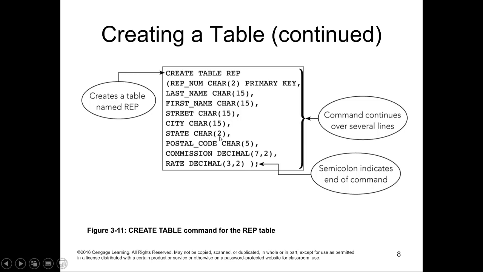State, which is char of 2 characters wide, postal code char 5 characters wide, and then a commission decimal 7, comma 2, which means it's 7 digits wide with 2 places for the decimal. And this rate is decimal 3 characters wide with 2 decimals.